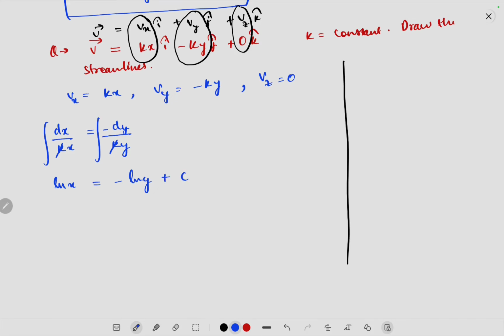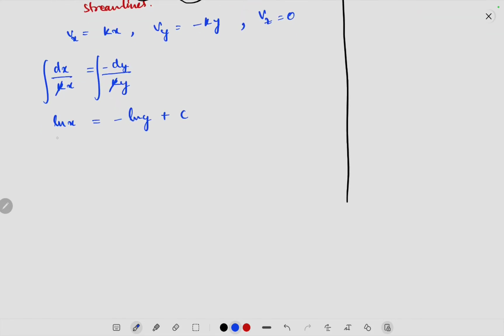Alright, so I can take ln y this side, this will become ln of x plus ln of y equal to c. Now we have ln of ab is equal to ln of a plus ln of b. So using this equation, I can write ln of x plus ln of y as ln of xy, this will become equal to c.